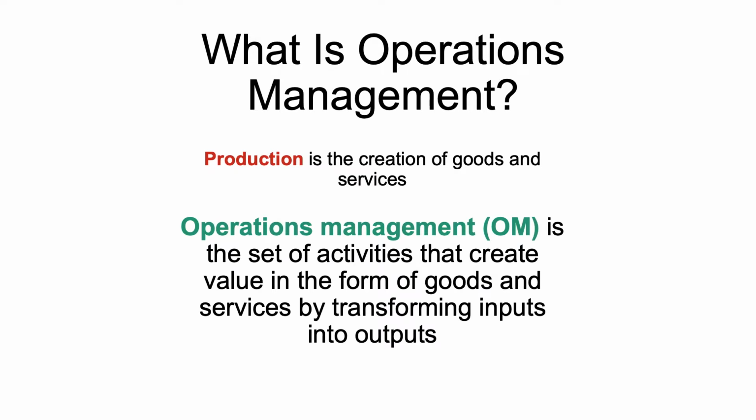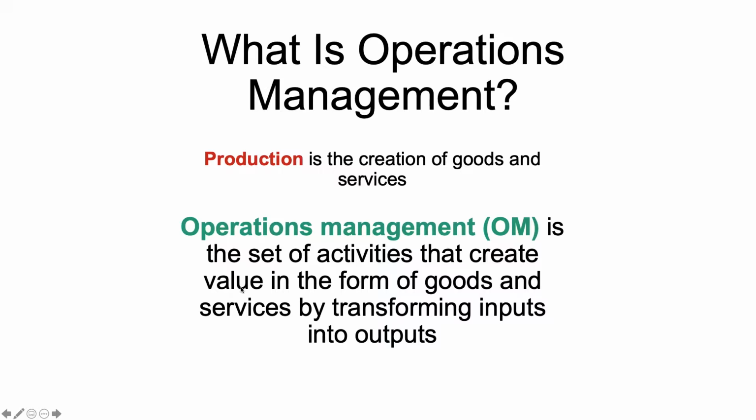So what about the operation management? Operation management is the set of activities that create value in form of goods and services by transforming inputs into outputs. Okay. The main differentiation that we can have between production and operation management is that we create value, right?